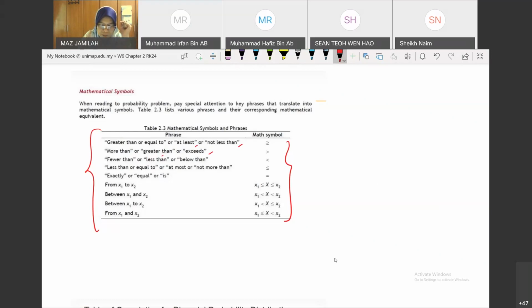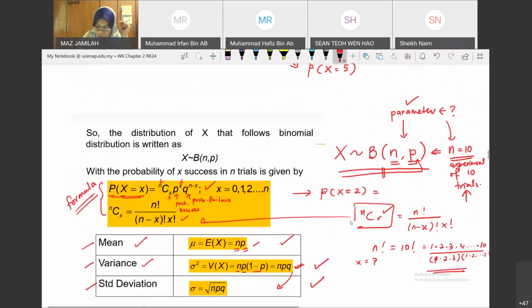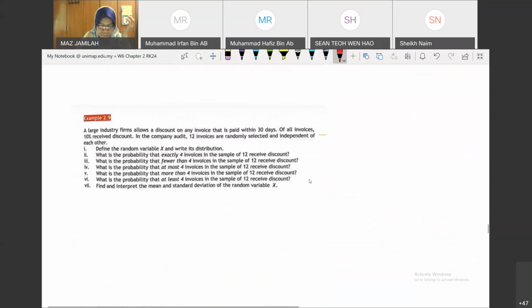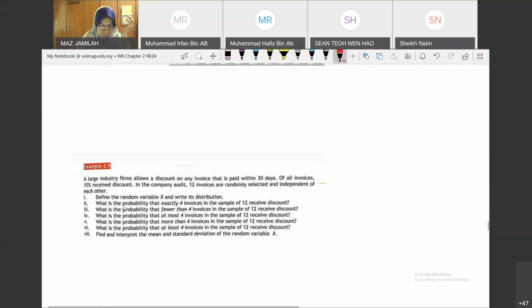Now, your question will not be given straight away in this term. Most of the time, we will give questions that sound like this. For example, what is the probability that exactly 4 invoices? So exactly is easy, it is equal to.